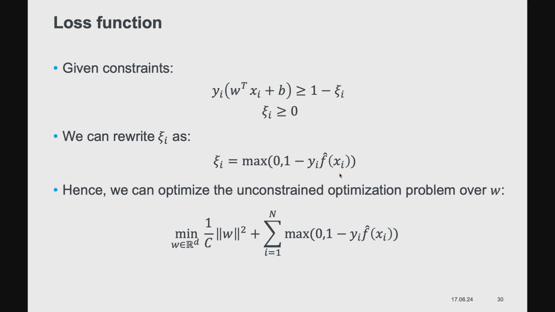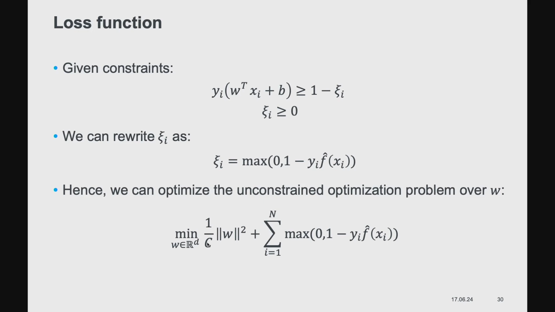And that means that now we have this unconstrained optimization problem, which is we look for the minimum of this weight vector squared plus this punishment term. Note that we had before this C at this place, but we can divide by this C and have this C instead here in the denominator.